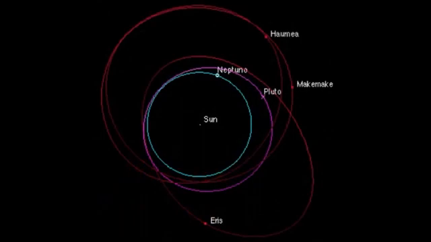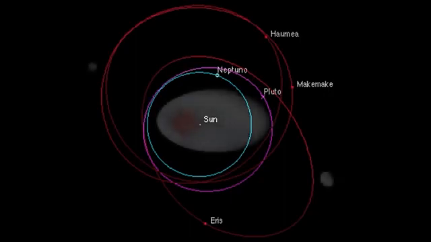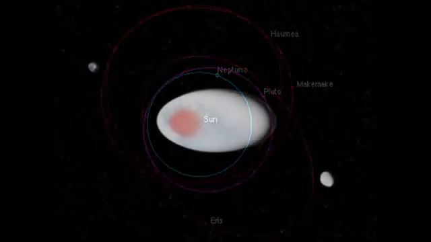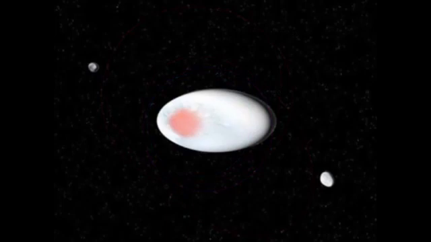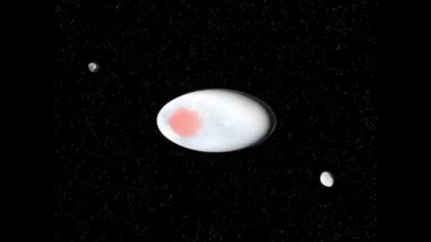Some conspiracy theorists have already suggested that this planet is in fact the homeworld of the reptilians. Other conspiracy theorists have suggested it's a giant UFO, or it's Nibiru, or Planet X.